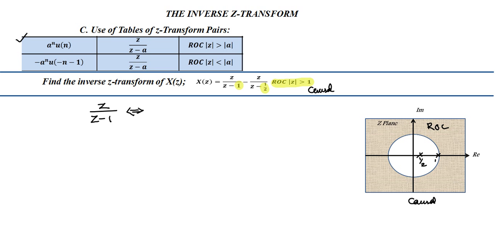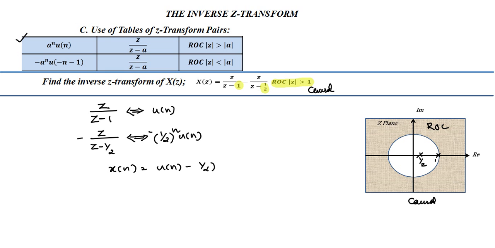Here a is equal to 1, so simply you can write u of n. And the second signal z by z minus 1 by 2, here a is 1 by 2, so you can write 1 by 2 the whole raised to n into u of n, but in the question there is a minus also, so you can put a minus here, and from this you can write x of n is equal to u of n minus 1 by 2 the whole raised to n into u of n.